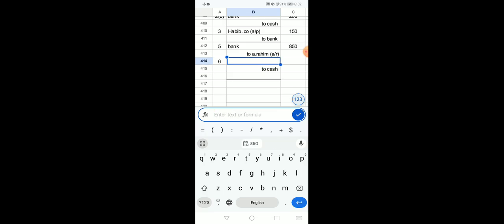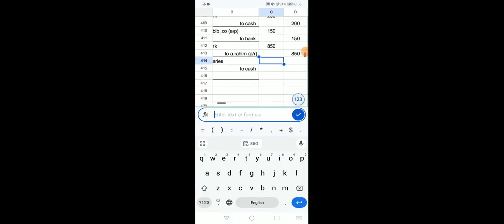You are paying this cash for what purpose? You are paying salaries. Salaries are your expenses, and the debit side is fixed for expenses. Expenses should always be mentioned on the debit side, so you will write salaries on the debit side. Let's see how much the salaries of the sixth are.